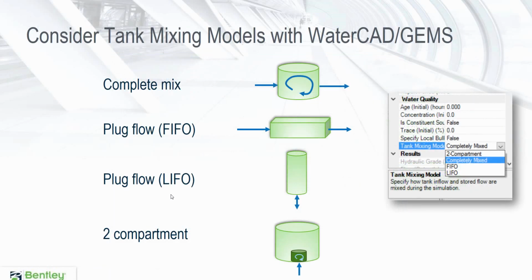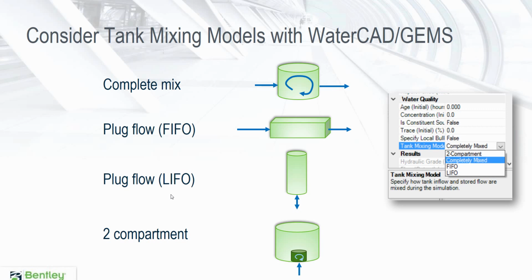Okay. A few more areas to take into consideration when you are running a water quality model is what is going on in the tanks themselves. I mentioned earlier the tank initial conditions are pretty important. Well, so is how that water is moving through that tank. Do you have an ideal tank where it's completely mixed and there's a solar panel on top with paddle wheels mixing the tank?